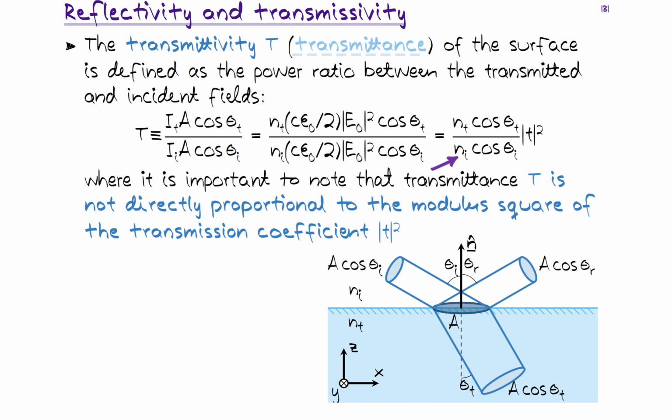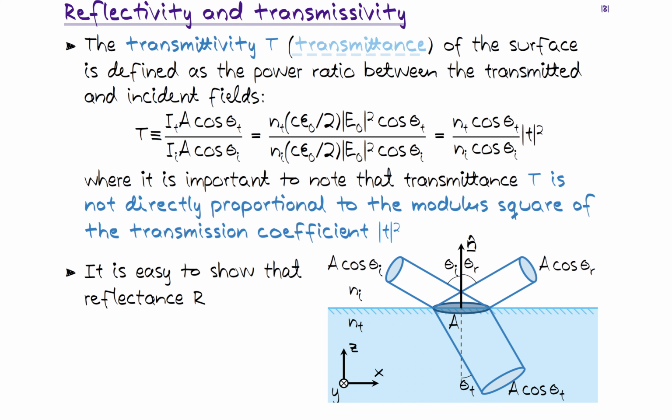Recall the equation for the irradiance I, where we had the dependence on the refractive index. And in addition, we are defining things such that we have the same amount of power here at the interface, so we also need to have these cosine terms for the angle here.